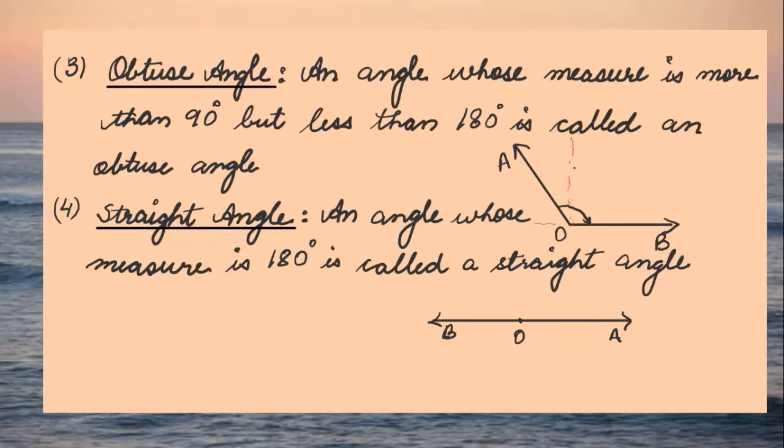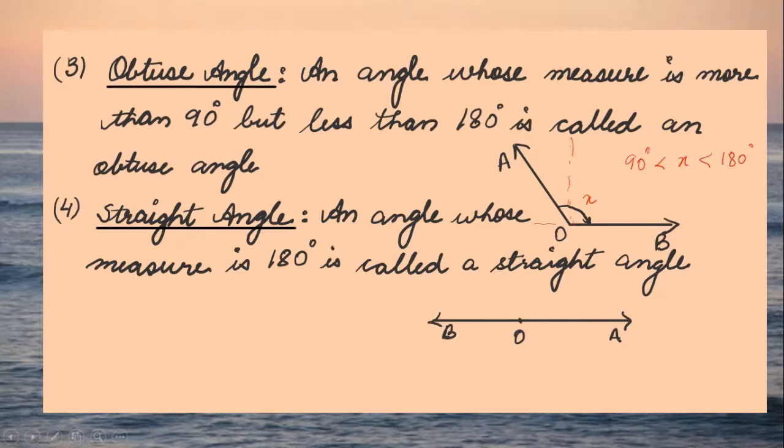So it is more than 90 degree but less than 180 degree. So it is known as an obtuse angle. Or you can say, if this is x, then x lies between 90 and 180 degree.